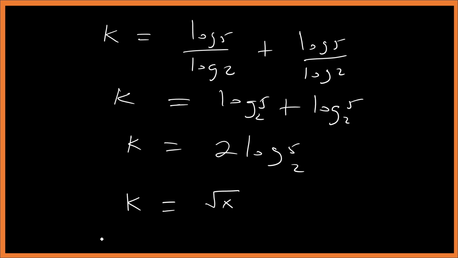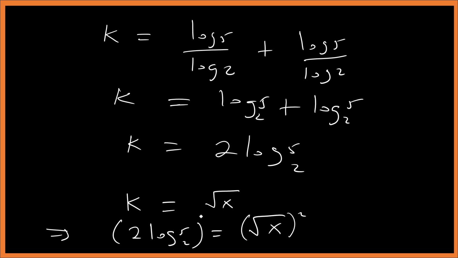So let's plug in k. 2 log 5 to base 2 equals root x. So we can square both sides. Square both sides. This one squared. So x will be 2 log 5 to base 2 all squared.